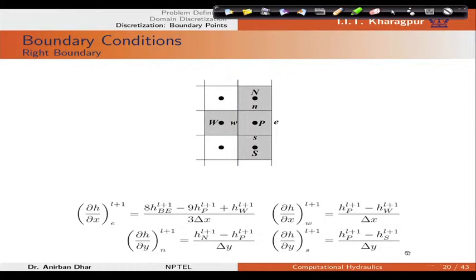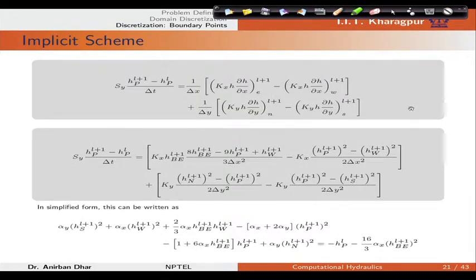Now, if we consider our right boundary, again the discretizations are exactly the same as our confined aquifer system, but in the next page where we have utilized the equations are different.